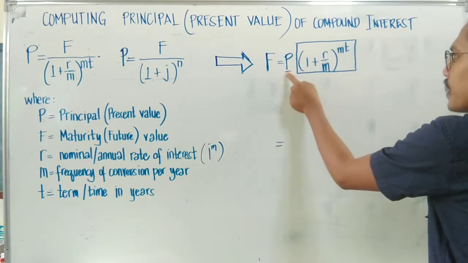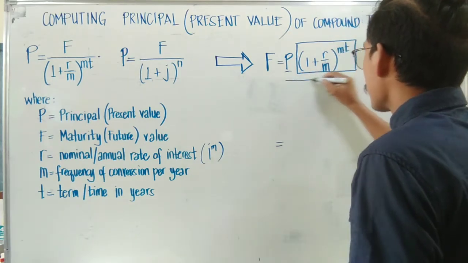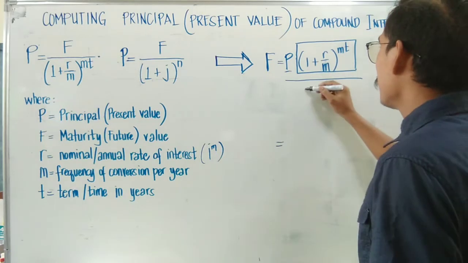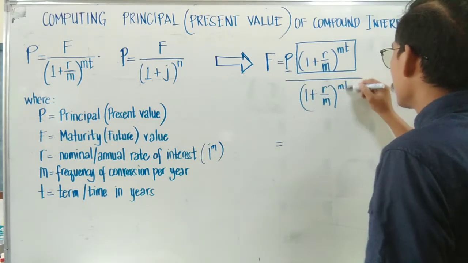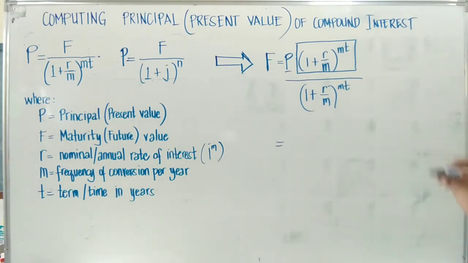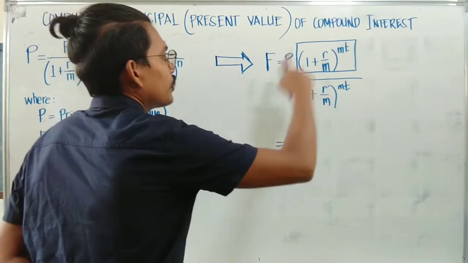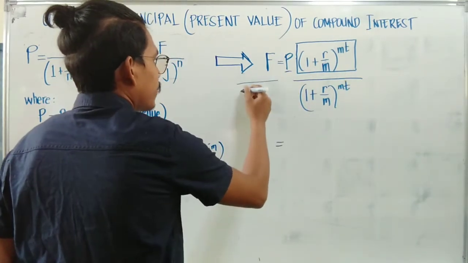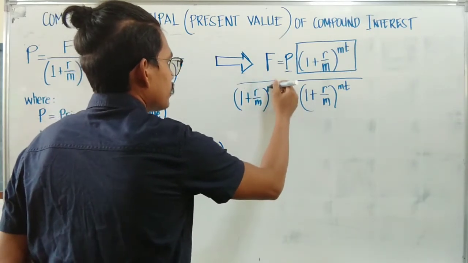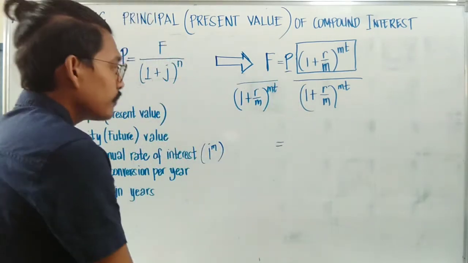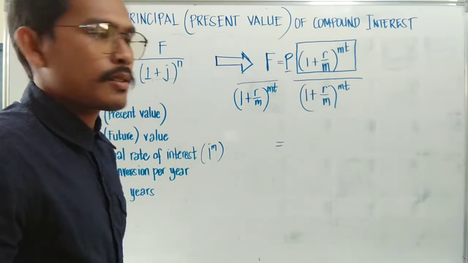Because P is multiplied to this quantity, we will do the inverse, so divide by 1 plus R over M. Because we have divided this quantity on one side, we will divide the same quantity on the other side of your equation to maintain balance, because the equal symbol means balance.